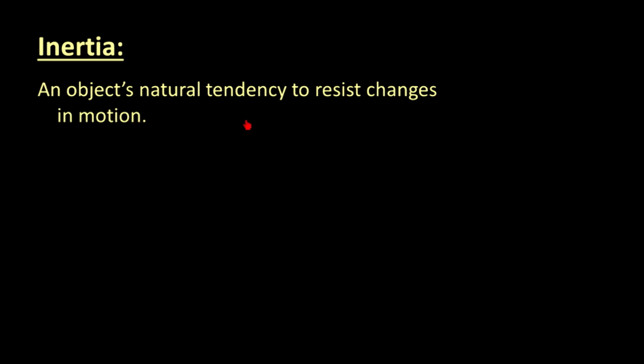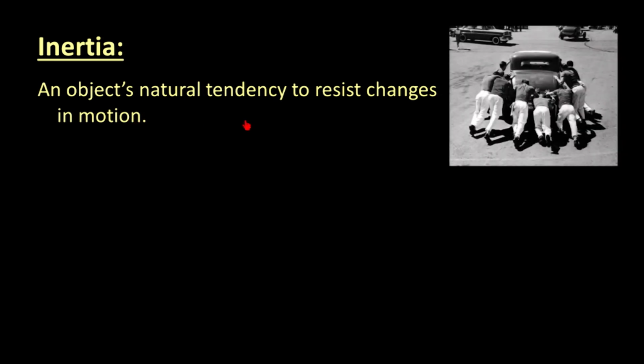Let me give you an example. If you've ever had the privilege of having to push an automobile, or for that matter, anything that's very heavy that is on wheels, what you'll notice is that it takes several people to make the car start to roll. Even if the brakes are off and you have somebody steering the car. This might be an exaggeration in this picture, but it usually takes maybe 2 people, maybe 3, to make the car start to roll. Sometimes we think of it as, well, it's just because the car is heavy.